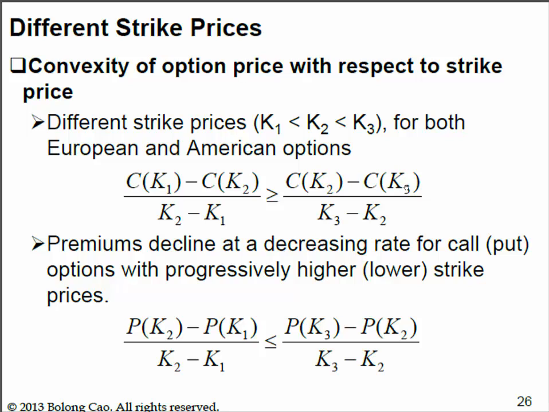So we can summarize a little bit. For calls, when you have progressively higher strike prices, the premium will decline. We know that, but the declining rate is decreasing. So the call premiums decline at a decreasing rate when the strike prices are progressively higher.